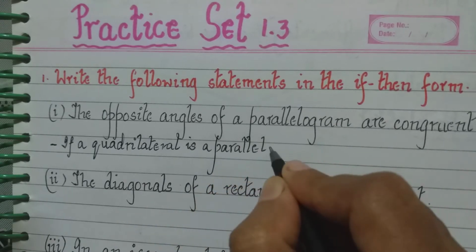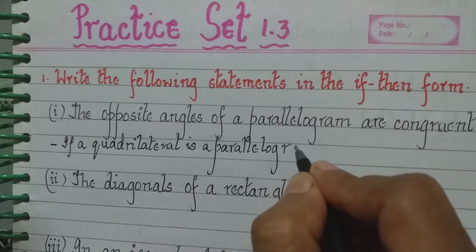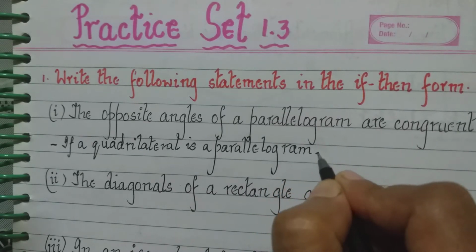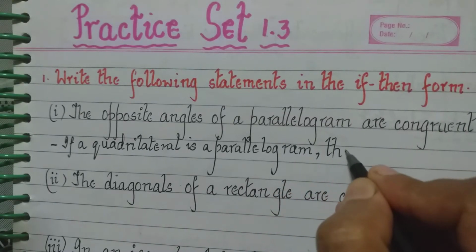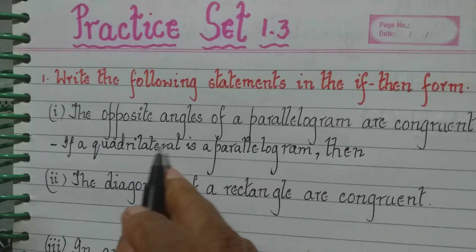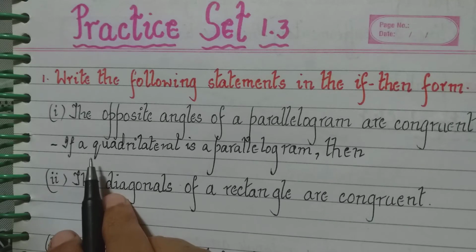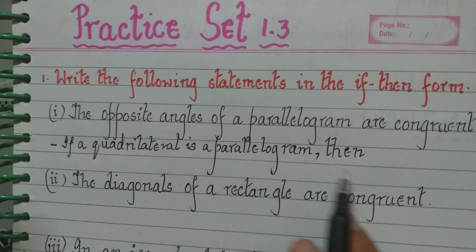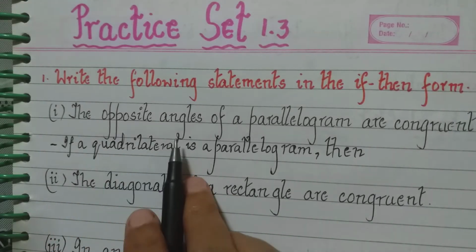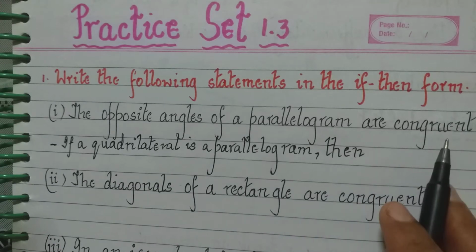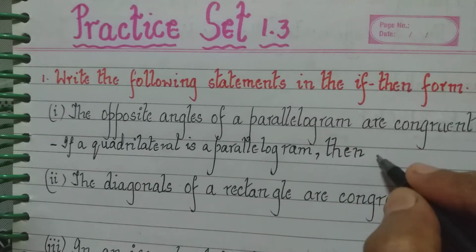Okay, so this is the first part of the statement. Then, what is the condition given? The opposite angles of the parallelogram are congruent. So, if the quadrilateral is a parallelogram, then its opposite angles are congruent.